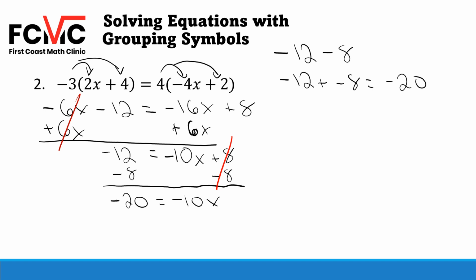Now I want to undo this multiplication, so let's divide by negative 10 and divide by negative 10. Whenever I multiply or divide the same signs, my answer is going to be positive, so dividing two negatives, I'm going to get a positive, and 20 divided by 10 is going to be 2. So our answer should be x equals 2.